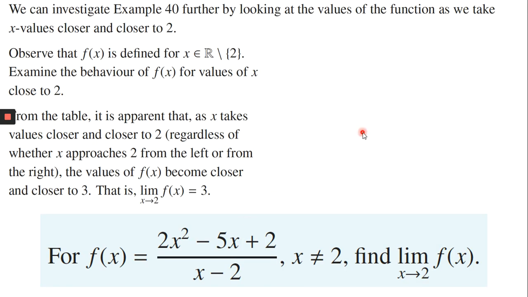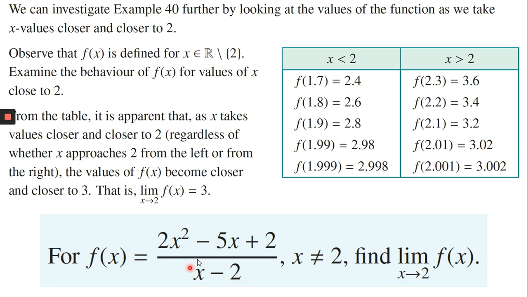So if we look at this example again, in a little bit more detail, we can actually put a table in. We know that x can't equal 2, so we're going to go x is less than 2. When x is 1.7, we get that answer. 1.8, that answer.